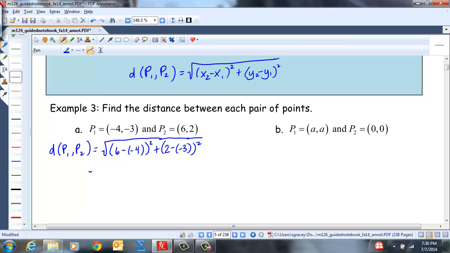So this distance will be equal to, good. We'll have, do you see 6 minus negative 4 is 10, and 10 squared is 100? And then 2 minus negative 3 is 6, and 6 squared is 36.